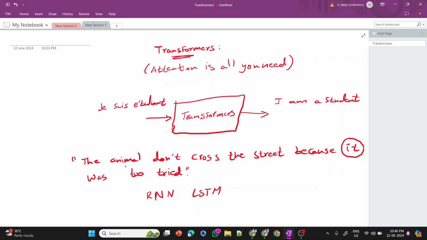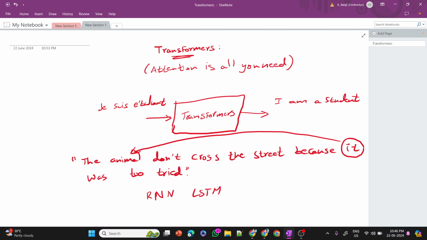By seeing this, we can understand that the animal did not cross the street because it was too tired. This "it" refers to the animal. We can easily understand that as humans, but for other algorithms like RNN and LSTM, it can be referring to the animal or to the street. They cannot understand. To solve this problem, the transformer came into place.